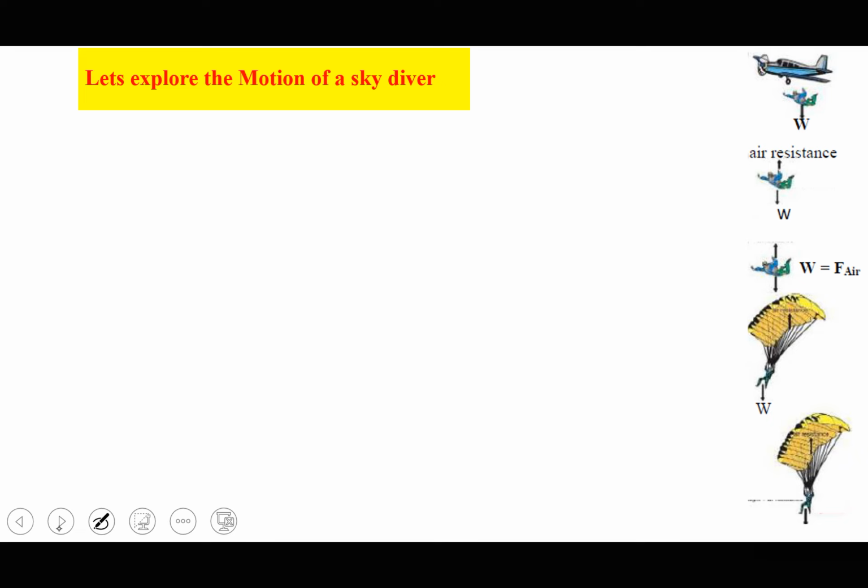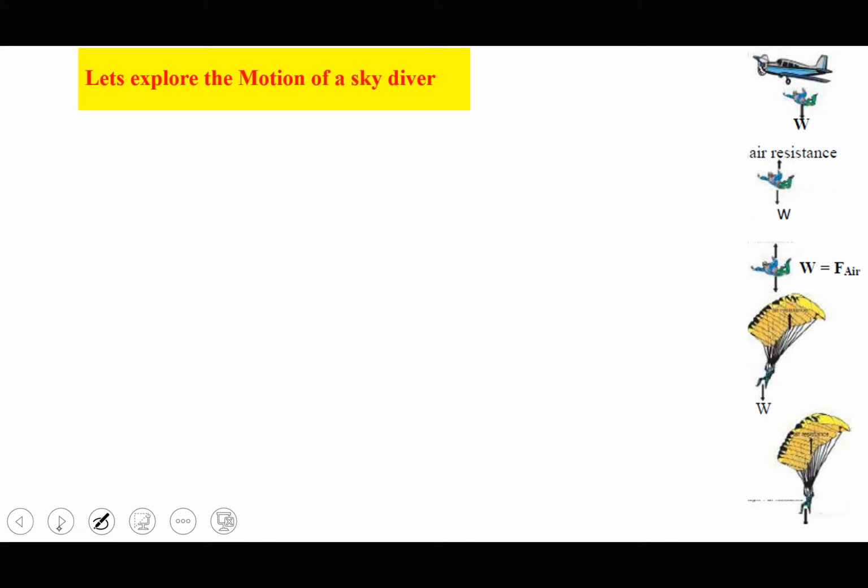Like the example of the dog, initially when the skydiver is just falling off the plane, the air resistance is initially 0, but as they continue falling, the air resistance goes on increasing. And when they open the parachute, of course, the air resistance becomes even bigger.